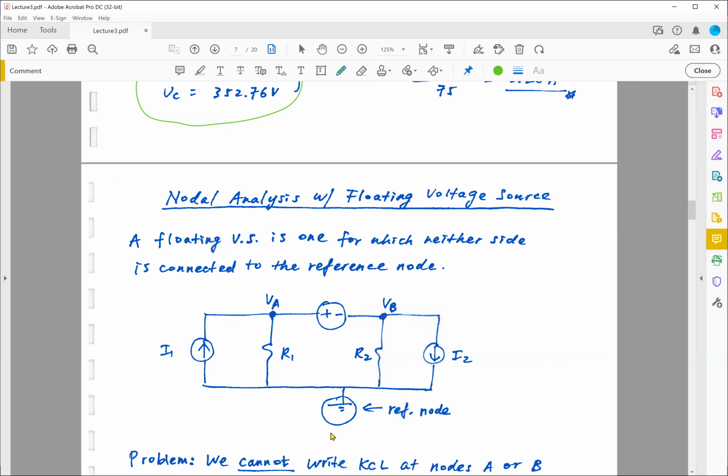Where's my reference node? My reference node is over here. But in this case, neither end of this voltage source is connected to ground. So in such case, this voltage source is said to be floating. A floating voltage source is one for which neither side is connected to the reference node.